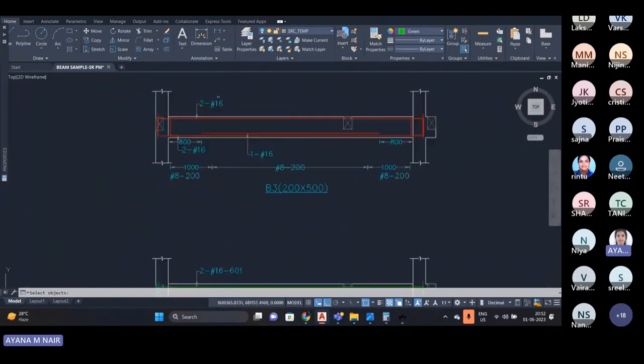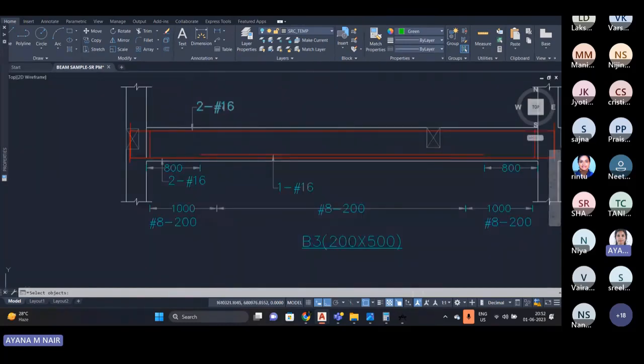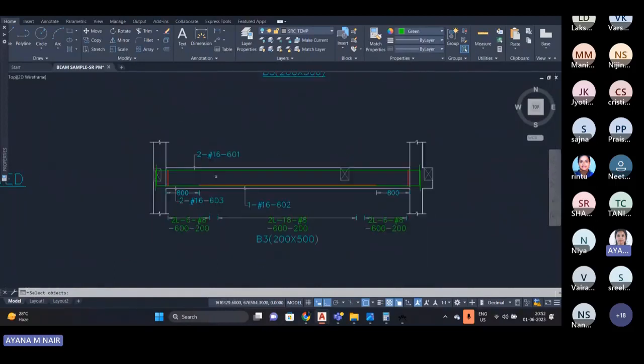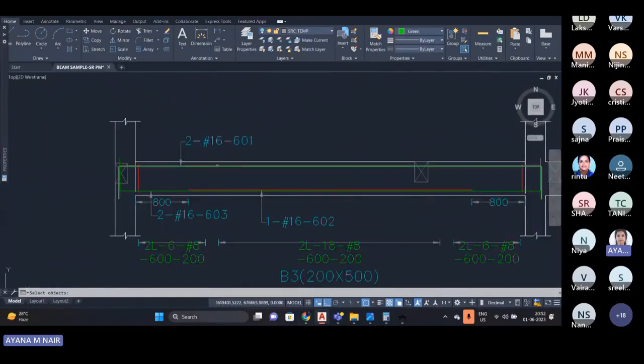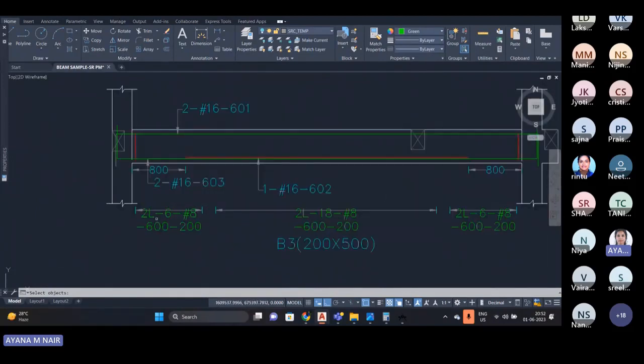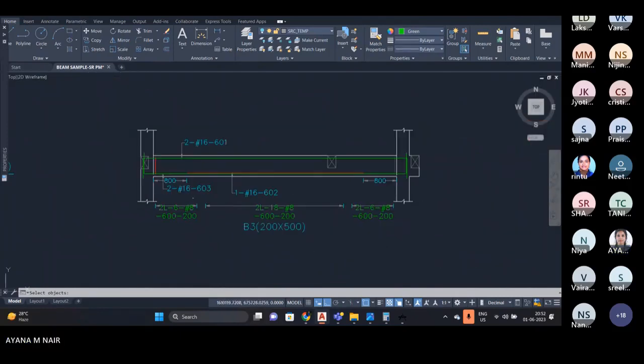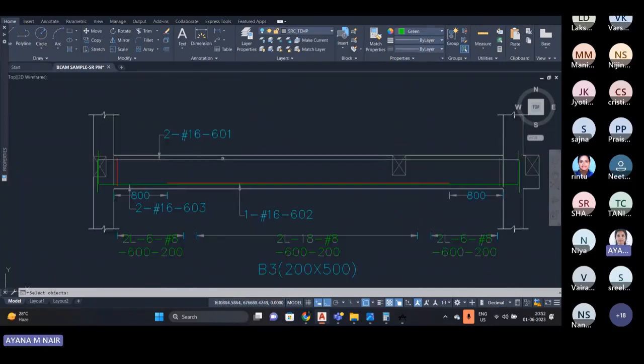Actually, in the first case, it was like this, 2 #16. Now all the marks are given. So we can identify that this rebar is scanned. And here you can see the 2 legged stirrups. So the stirrup markings are also here. All these three, that is top bar, bottom bar, and the extra bars are scanned, and the stirrups are also scanned.